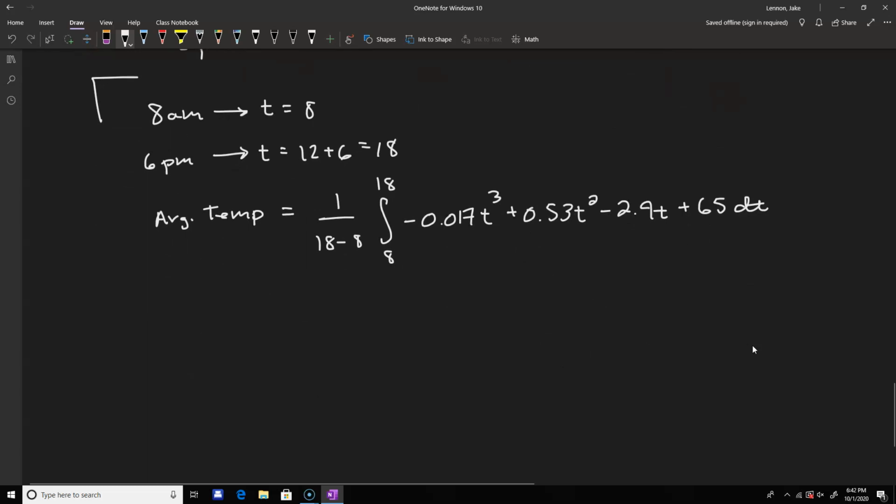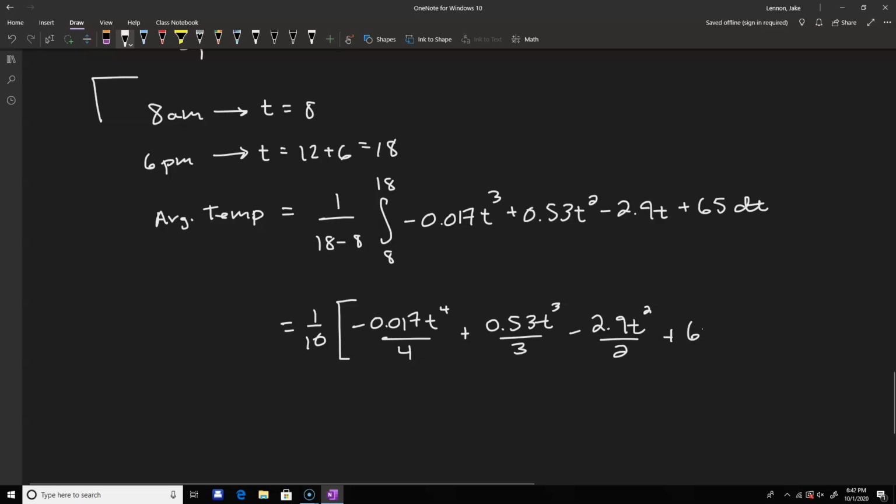So we have 1/10 in front, and then we can do the antiderivative. We're going to get negative 0.017t to the fourth over 4 plus 0.53t cubed over 3 minus 2.9t squared over 2 plus 65t, and we need to plug in the 8 and the 18.